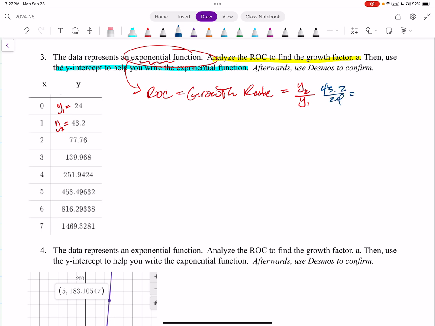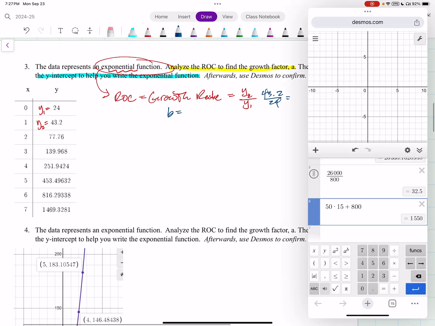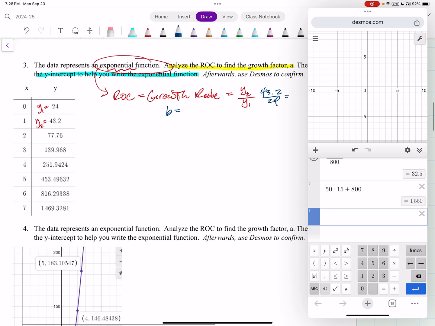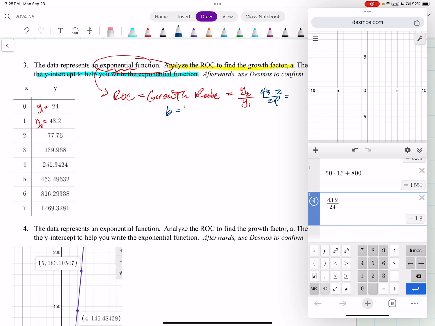And again, you don't have to do this stuff in your head. When it comes to exponential functions, you get to use your handy dandy calculator. So let's just take 43.2 and divide it by 24, and you get 1.8. So we have a growth rate of 1.8, which means we simply multiply by 1.8 all the way through.